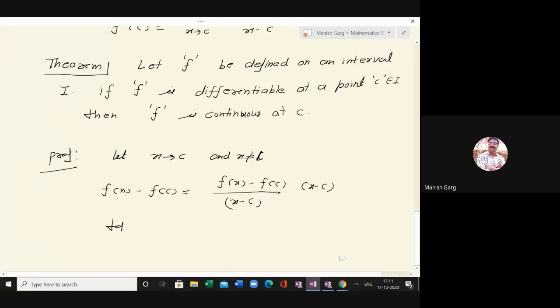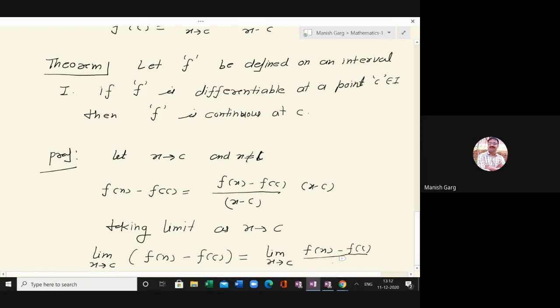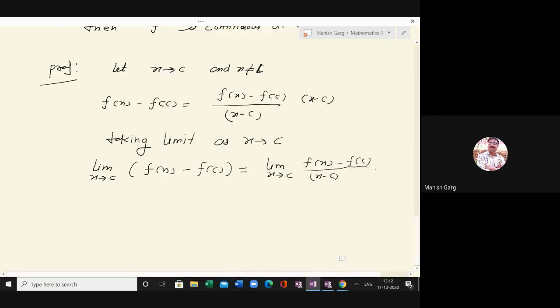Taking the limit as x tends to c, this becomes limit of f(x) minus f(c), which is the limit of [f(x) minus f(c)] over [x minus c] into the limit of x minus c.